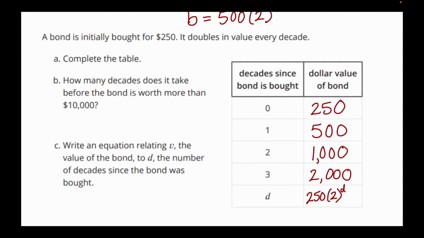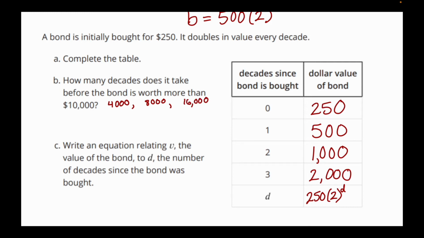So first is then, how many decades does it take before it is worth more than $10,000? So I'm actually just going to write out a little bit more of my table because I'm not too far off. I ended at 2,000. So 2,000 would then go to 4,000, which would then go to 8,000, which is almost 10, but not quite, and then 16,000 after that.